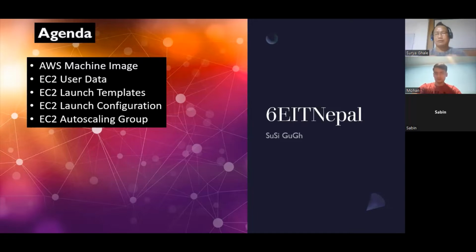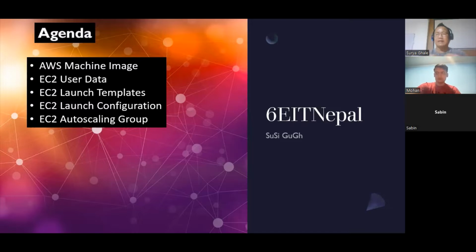How to create an AMI, I'll show it to you from your EC2 instance, and that AMI can be sold in the marketplace. In AWS there is a marketplace. You can sell your image there. For example, you developed an application in the Linux environment in AWS, and people are using it.